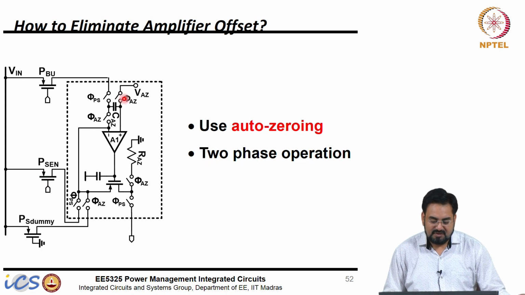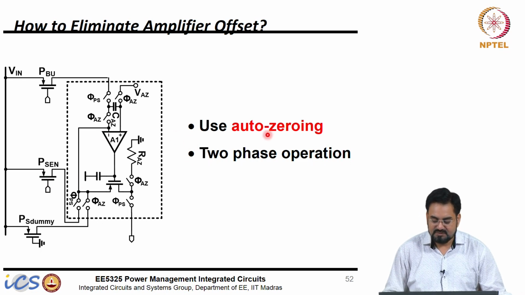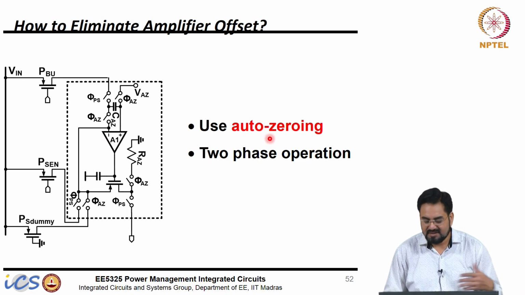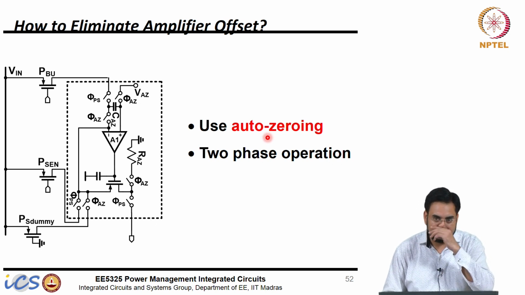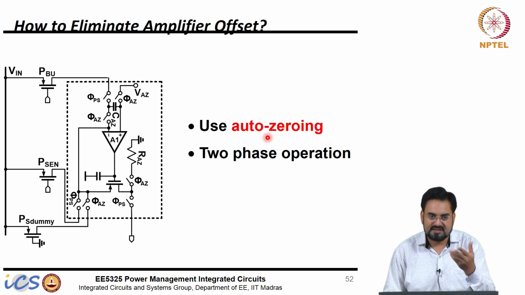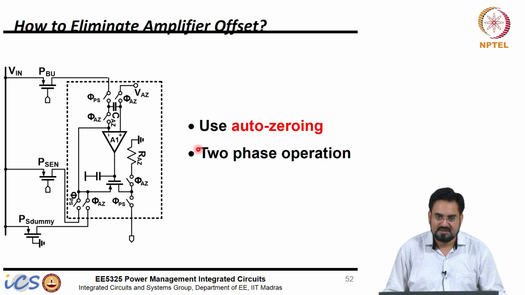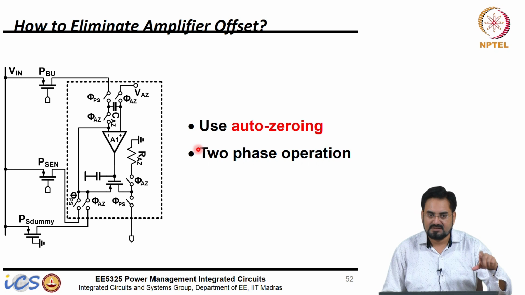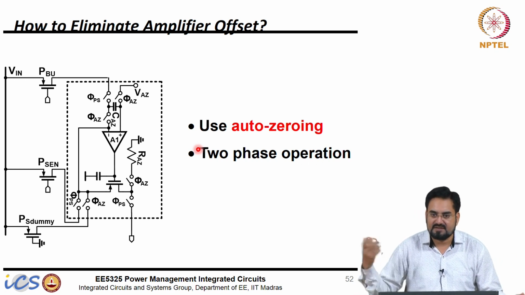So in order to eliminate the offset, we use the auto zero technique, and we already talked about how you do auto zero, if you remember, in zero cross detect. We did that with the inverter, but the concept remains the same. You connect the unity feedback in order to sample the offset, and after that you subtract that from your input, and it gets cancelled out.